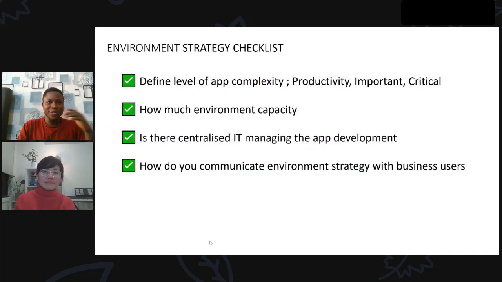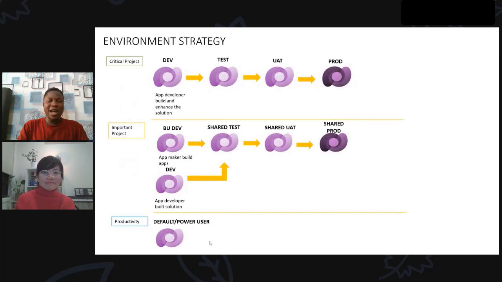You call it level of app complexity, and right now you are showing us the kind of environment proposed by Microsoft, which makes it more clear. When you are building productivity-related apps by business users, let them do that in a default environment. There might be no need to create more than one environment.